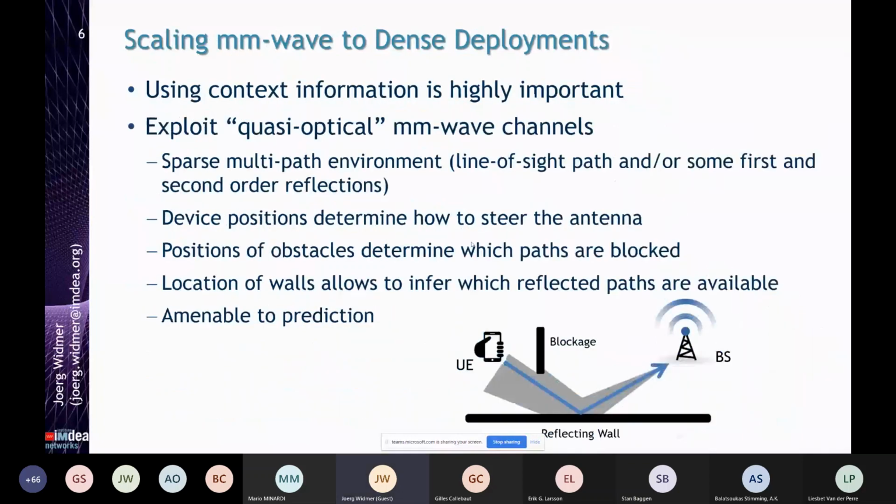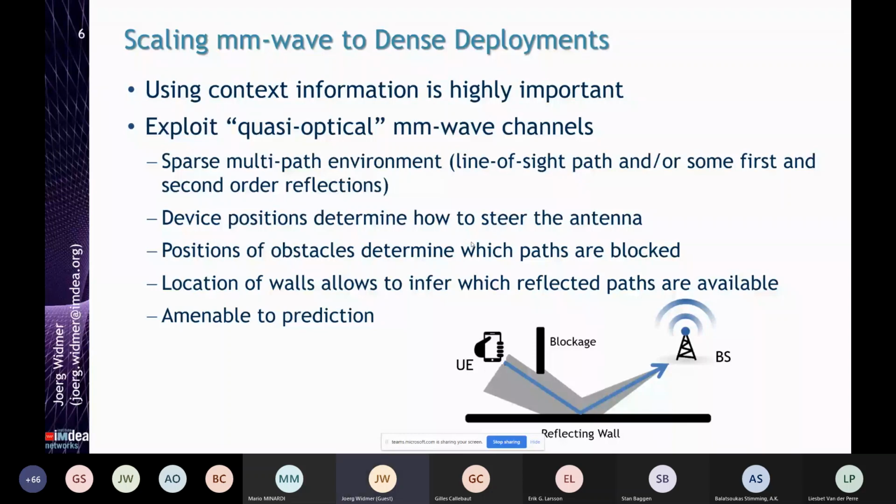Now, fortunately, there's something that makes this much easier to solve than it would be at lower frequencies. And that is that millimeter waves behave in a quasi-optical way, which means that things behave like you would expect them to behave geometrically. For example, let's take the little example that's shown at the bottom. You have a base station, you have a mobile terminal that wants to communicate with the base station.